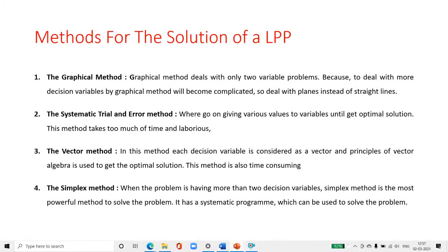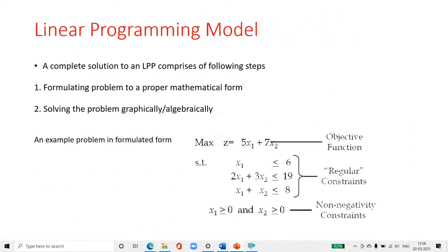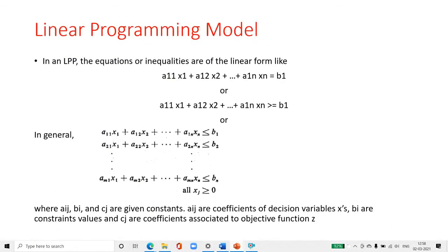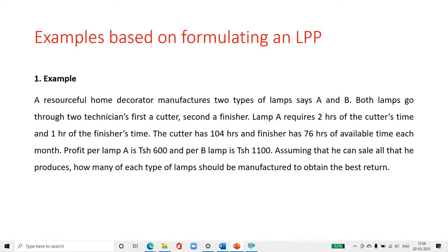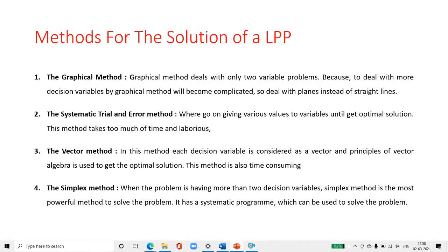So the graphical method limits us to the two variable problem. If we have n number of decision variables like x1, x2 and so on, we do not use the graphical method.